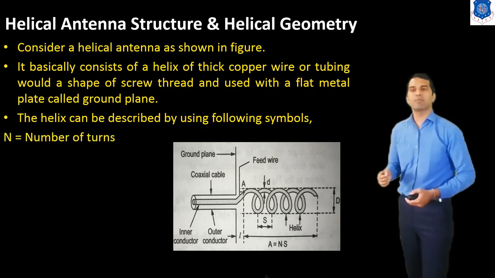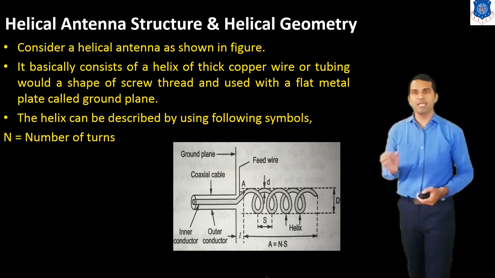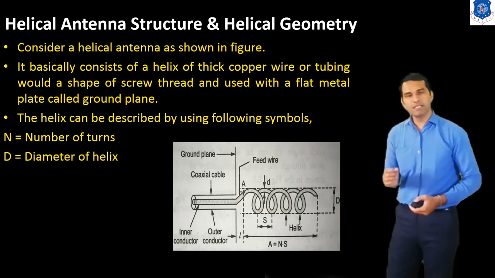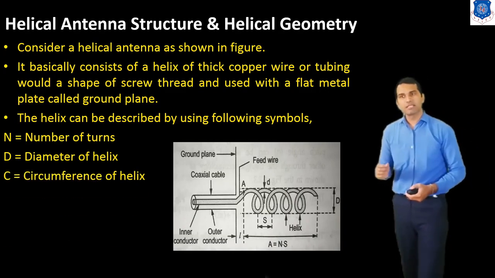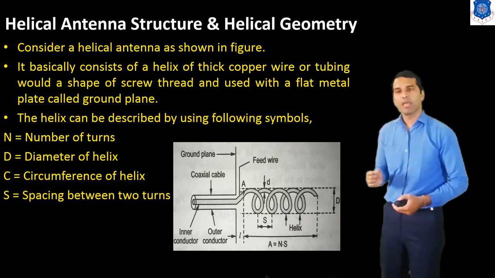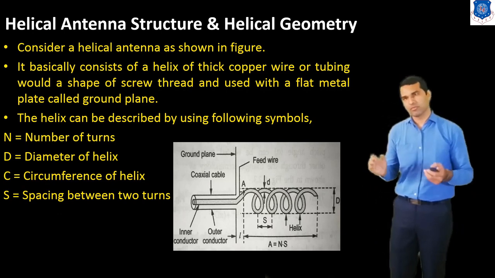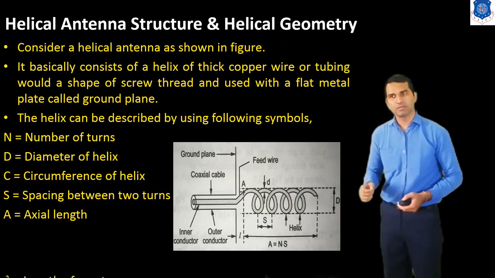So we can describe the helical antenna by using these symbols. N indicates the number of turns. D indicates the diameter of the helix. C indicates the circumference of the helix. S indicates the spacing between two turns. A indicates the axial length.